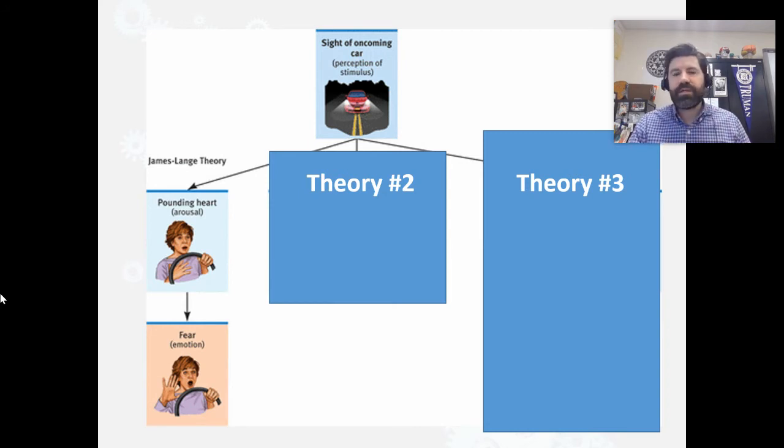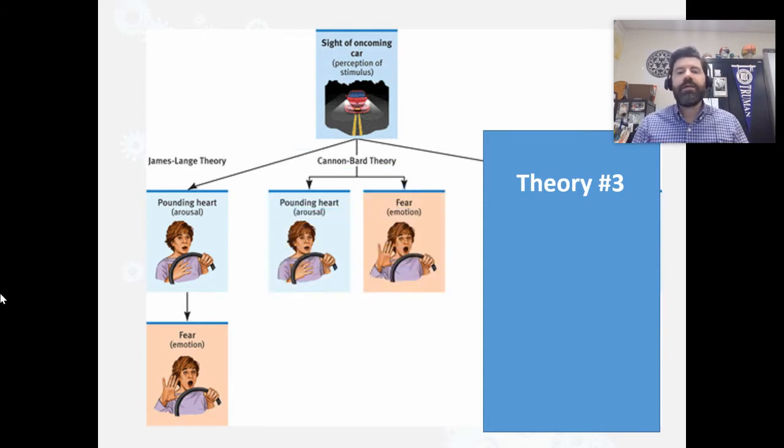So when we go to this second theory, it is what we call the Cannon-Bard theory of emotion. And the idea behind Cannon-Bard is that when you have some stimulus, again, an oncoming car, that stimulus is going to go to a couple different parts of the brain. Part of that stimulus is going to go to subcortical structures and is going to lead to the physiological response, right? The oncoming car and your heart starts to beat very fast.